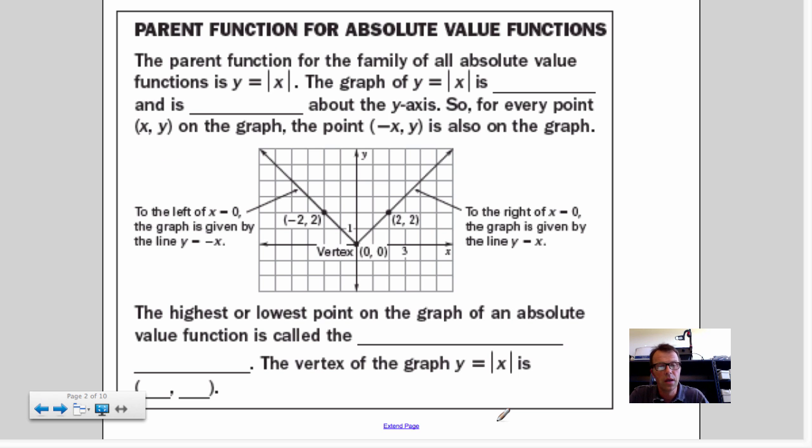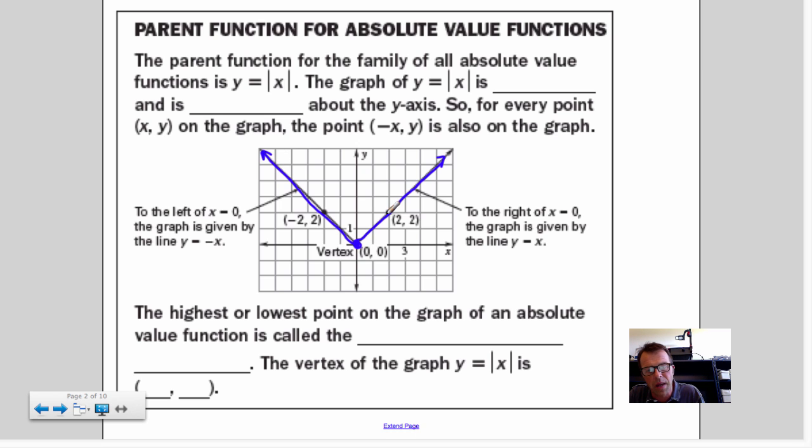Here we go. So this is, again, we start with the parent graph. We talked about that earlier with lines, right? And for the absolute value, the parent graph is just y is equal to the absolute value of x. And we get this really nice, I wanted to highlight it, it's a V, right? And the lowest point, again, we said this lowest point is called the vertex.